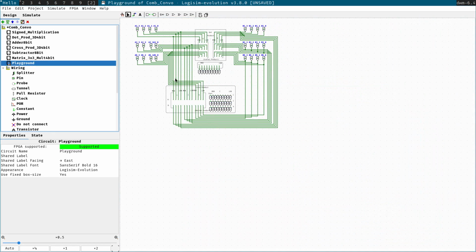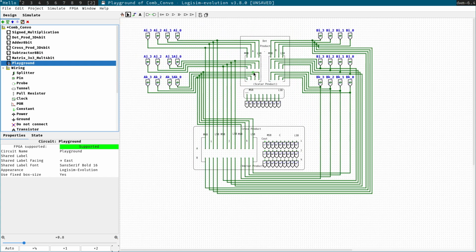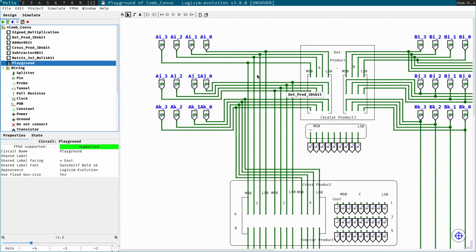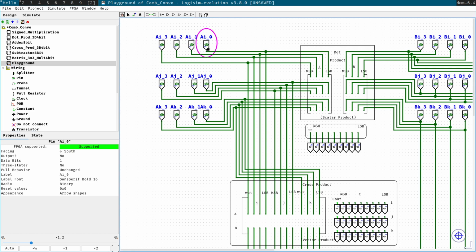We still got the cross product and the dot product here. So if we do that same calculations from before, I should hopefully get out the same thing. So I'll put in 1 for the ith component of my A vector, 2 for my jth component, and 3 for my kth component.